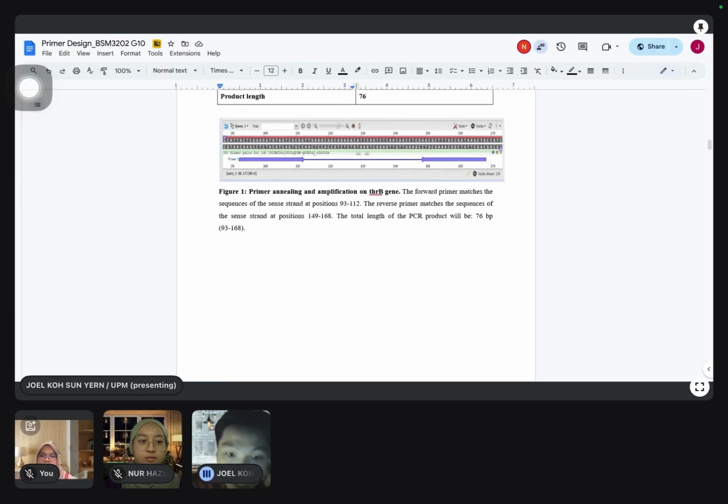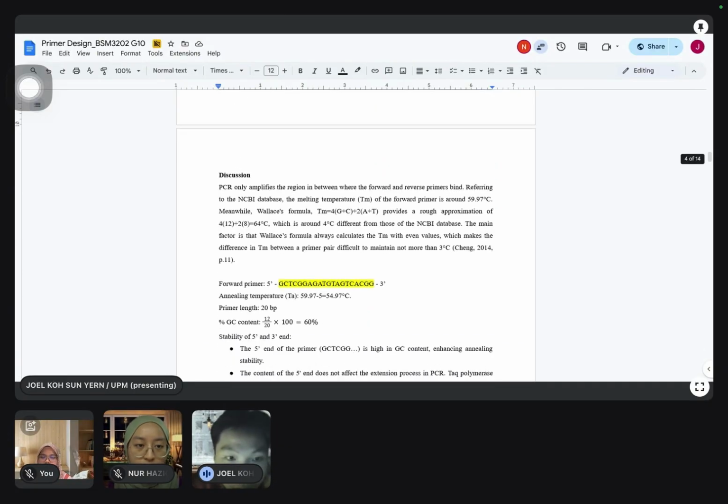So the length is from 93 to 168, and the length of the final PCR product will be 76 base pair.